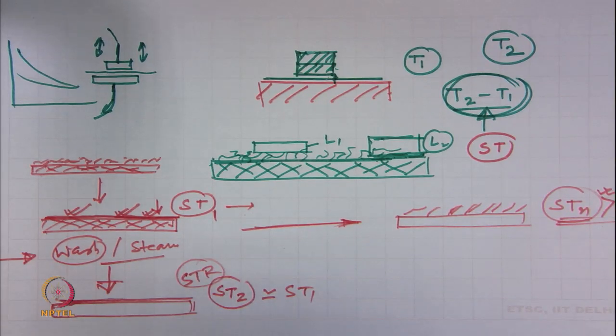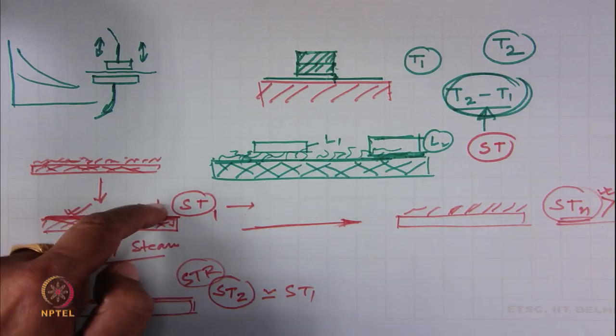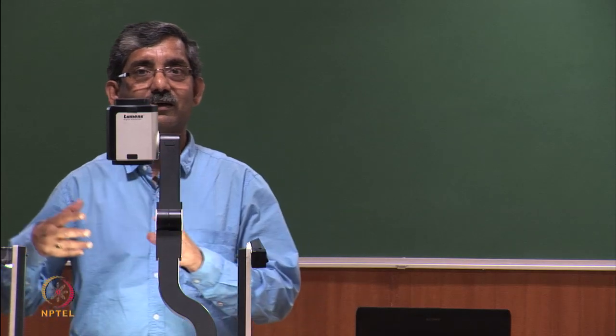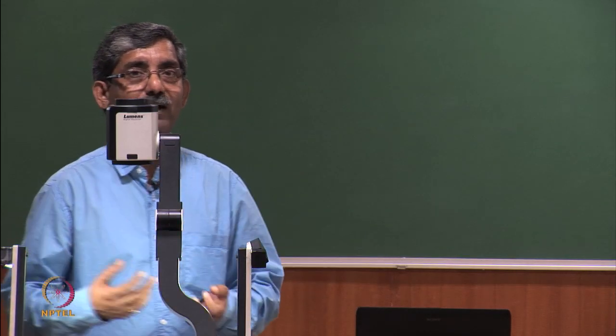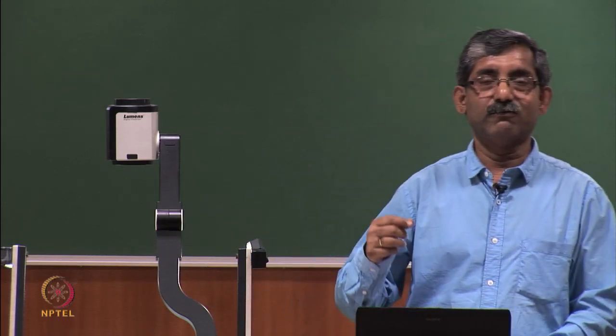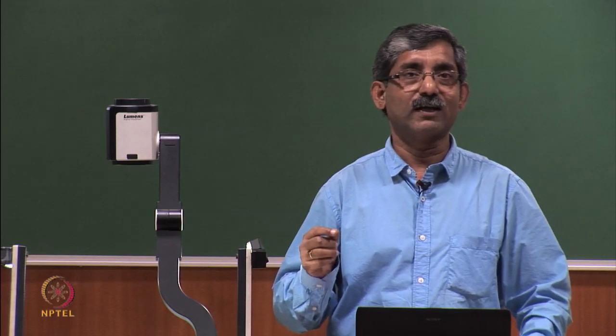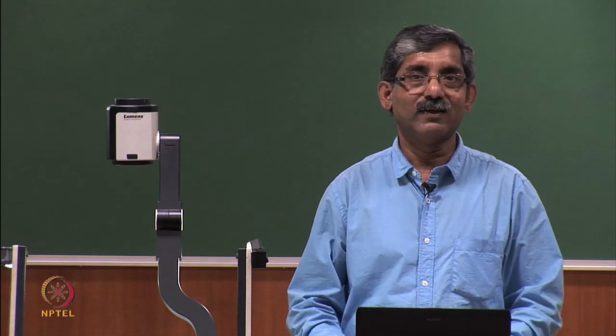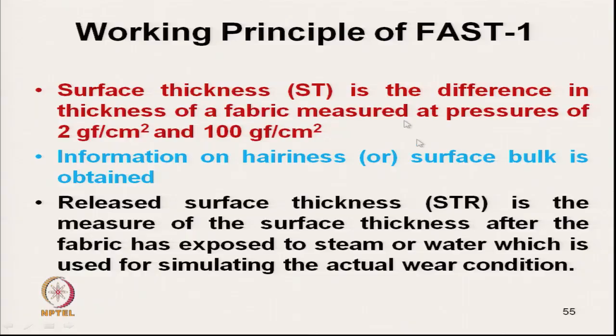So, the difference between the released surface thickness and the initial surface thickness will show how well we have finished the fabric. If the finish of the fabric is perfect, if it is permanent, then the released surface thickness and surface thickness values will be exactly the same or very close.